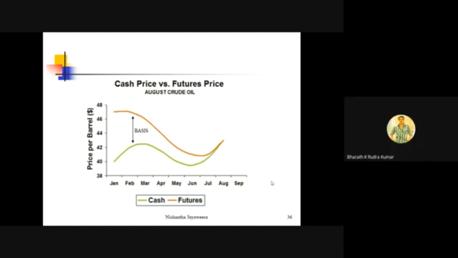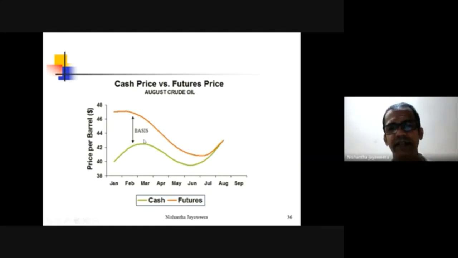Increase. Why? The negative figure at this point in February, the basis may be about minus 5. But when it comes to June, it may be about minus 2.